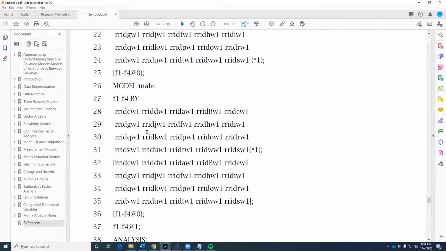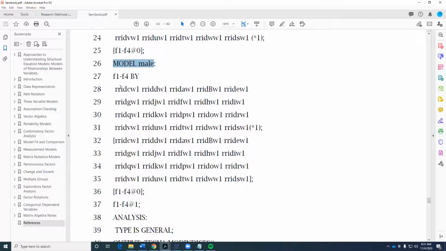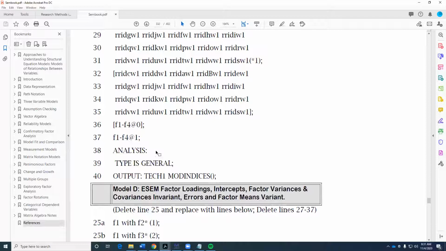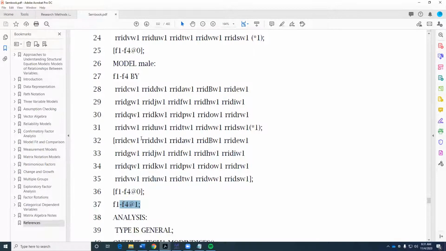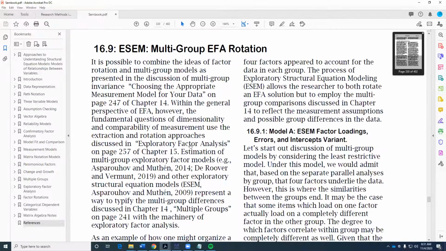And then down here, here's all of my males. And that then says I've got factor 1 through factor 4 on the males. And again, I'm going to fix the means of those to 0 and fix the variances of factors to 1. And I walk through exactly what I said.